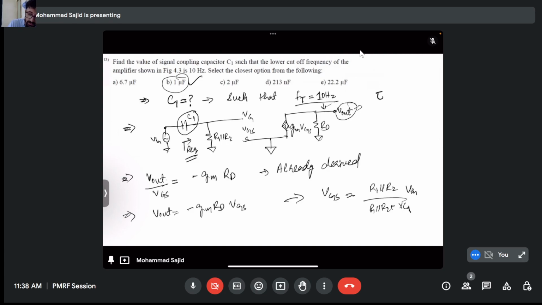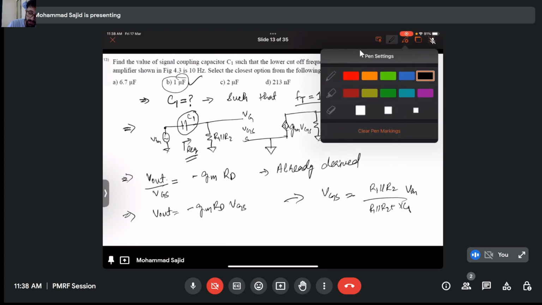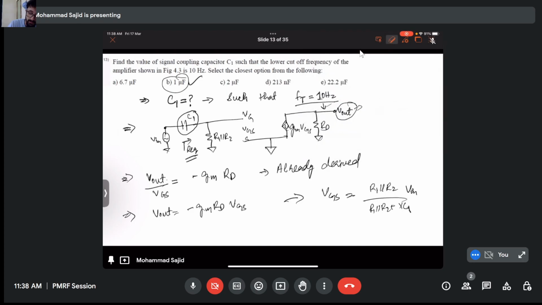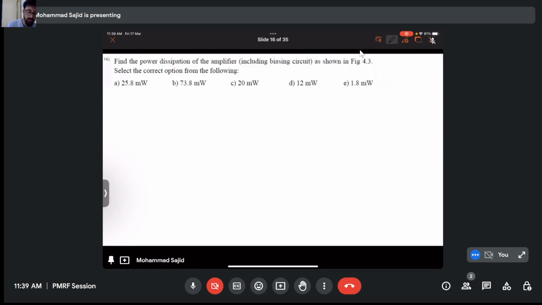Then you can directly write it as omega C1 R equivalent is equal to 1. This is also an approach from which you can get the values. Okay, so this is done.